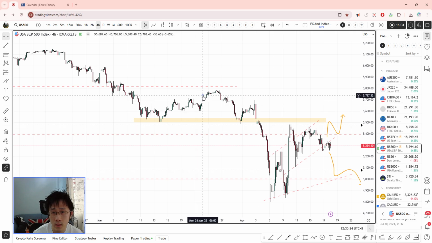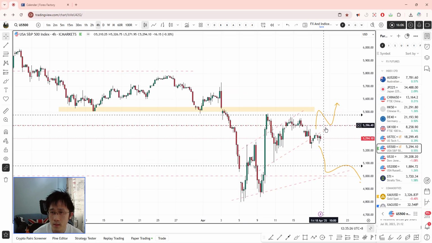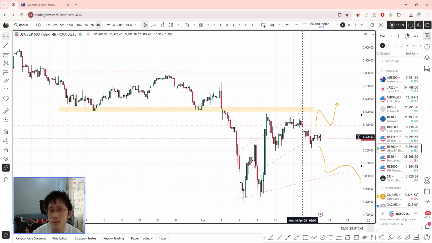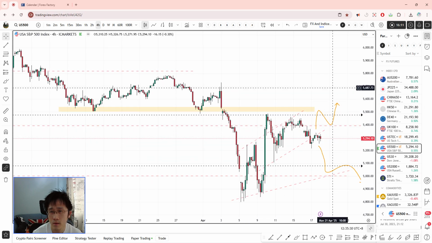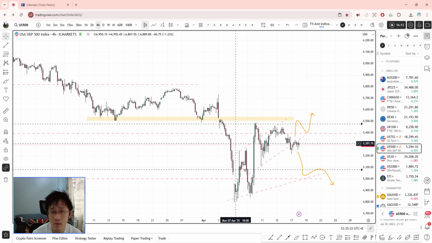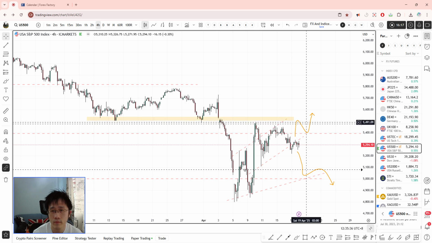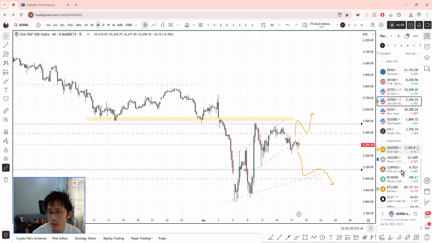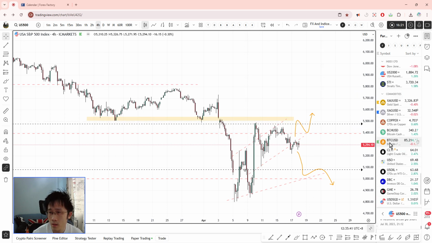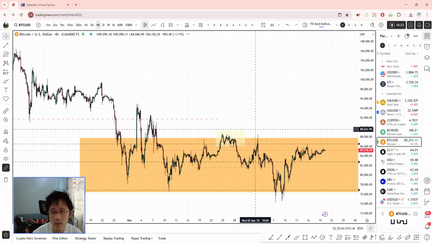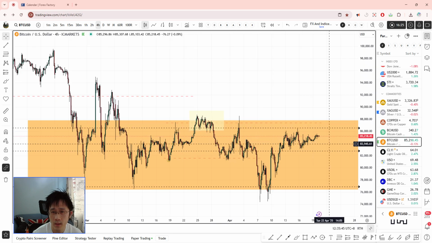If not, it could be just zigzagging up and down over here, so take note of this overhead resistance. So that's the S&P. Then BTC, I did mention a little bit in my last week's review.